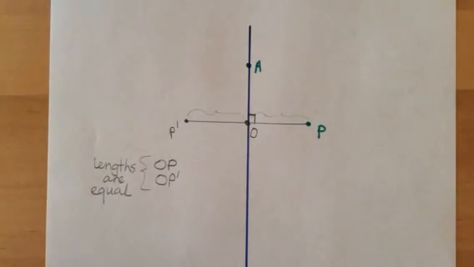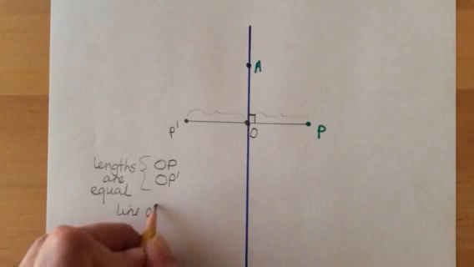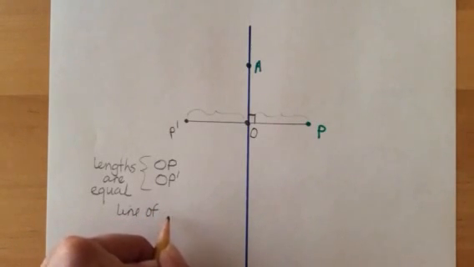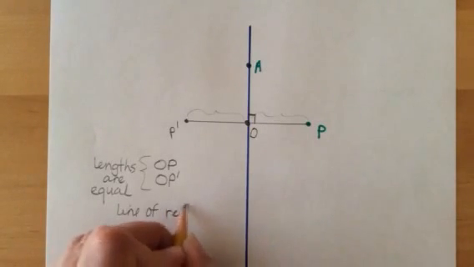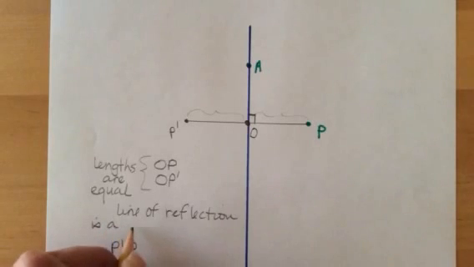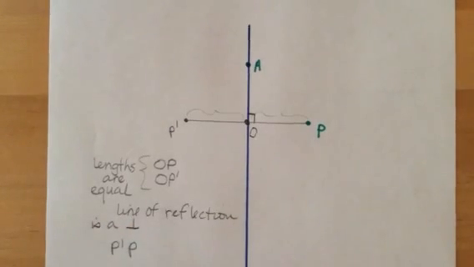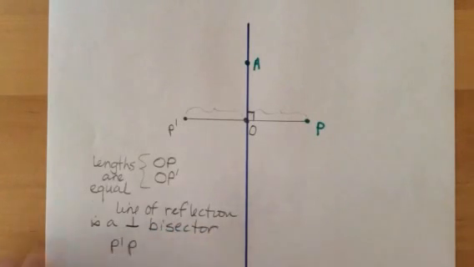So what we have is that the line of reflection is a perpendicular bisector of P prime P. Okay, line of reflection, I'll write this, is a perpendicular bisector of this segment P prime P. So this line right here is cut right in half.